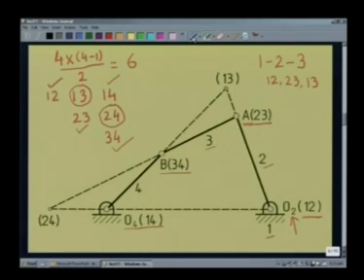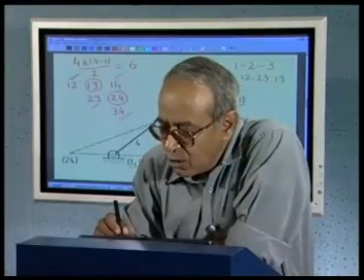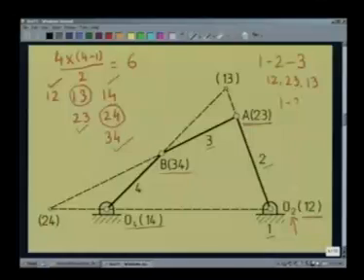Next, let us consider 3 rigid bodies, namely 1, 3 and 4 in relative motion. Consequently, the 3 relative instantaneous centers, that is 1, 3, 1, 4 and 3, 4 must be collinear. Out of these 3, we have already determined 1, 4 and 3, 4.